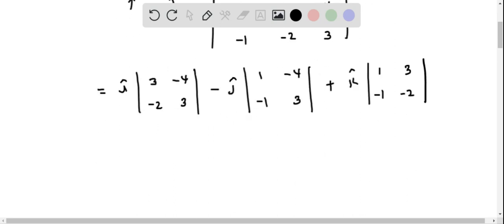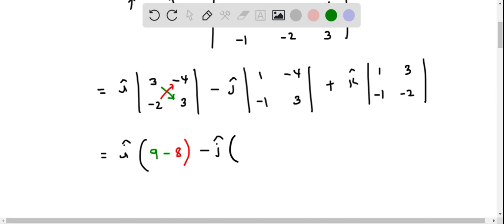Let's evaluate each of these 2 by 2 determinants. So this equals i vector times the product of the diagonal, which is 3 times 3 is 9. We then put minus the product of the other diagonal, negative 2 times negative 4 is positive 8. So I put 8 here. And then we have negative j.